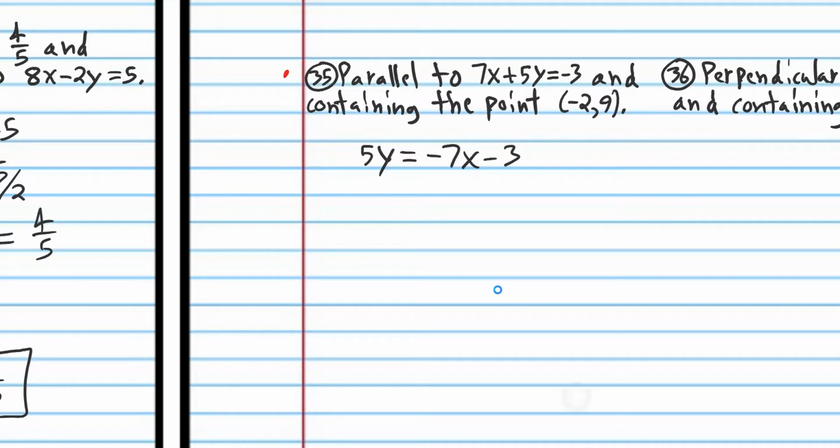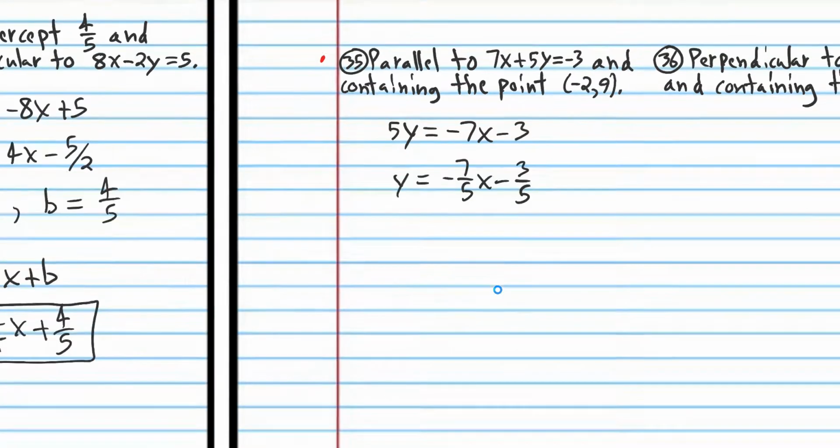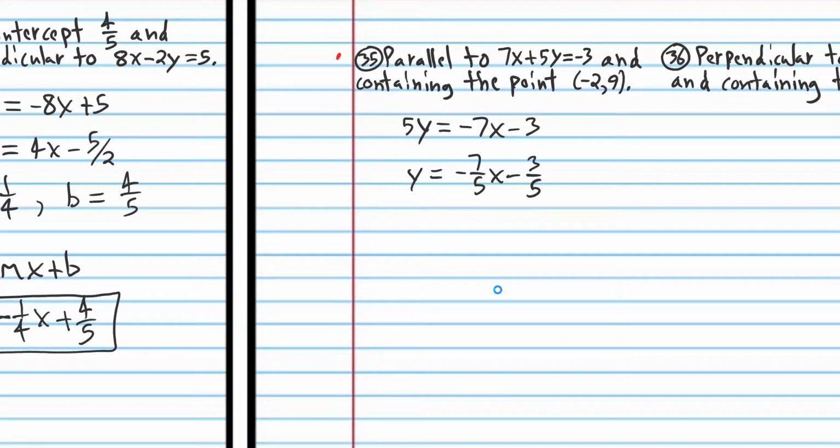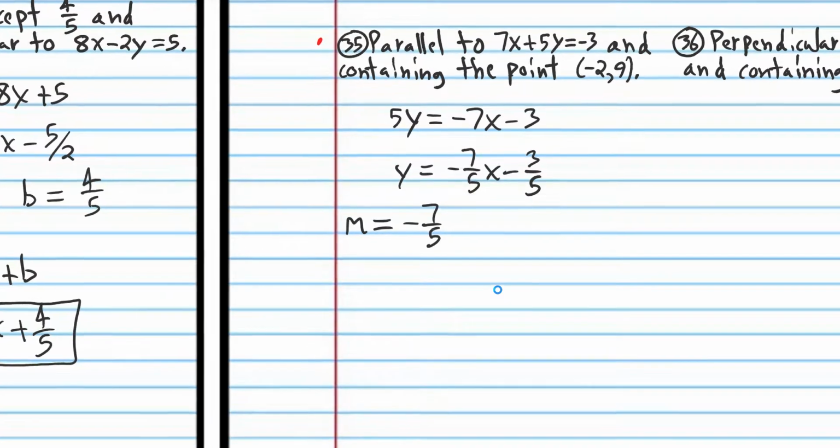All right, divide both sides by 5. So now we see the slope of that line. And the slope of that line is going to be the same as the slope of our line because the lines are parallel.